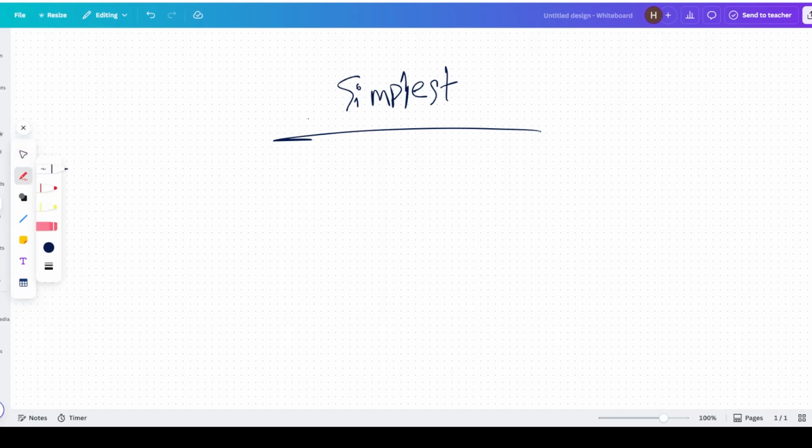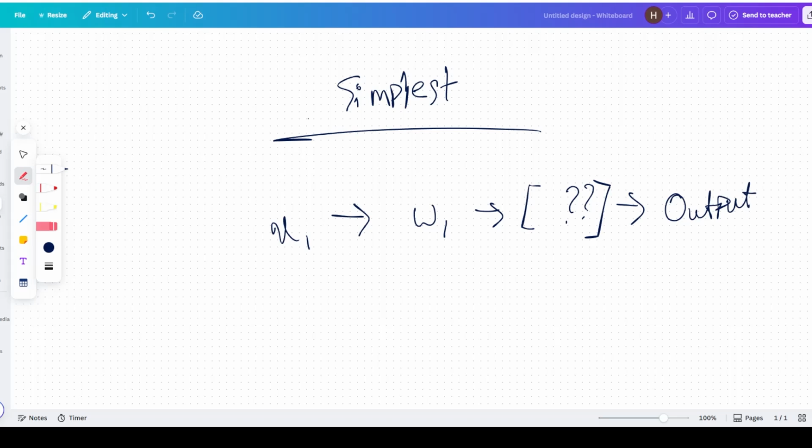Let's say as a single input we add some single weight, and here we have some values, and then our output. So here we're starting with x1 and w1, our input 1 and weight 1.